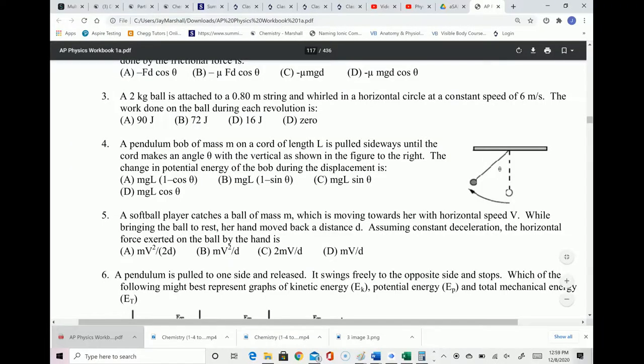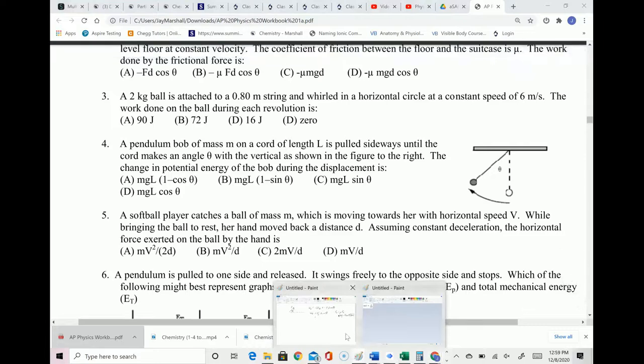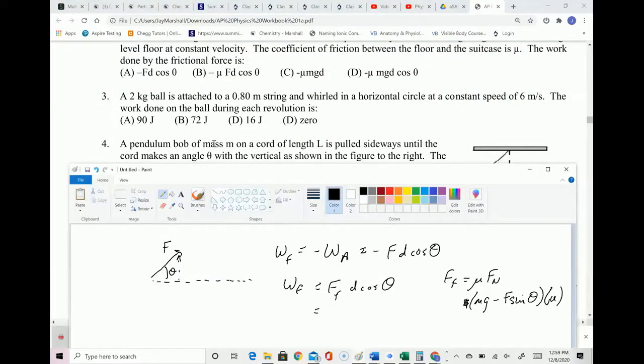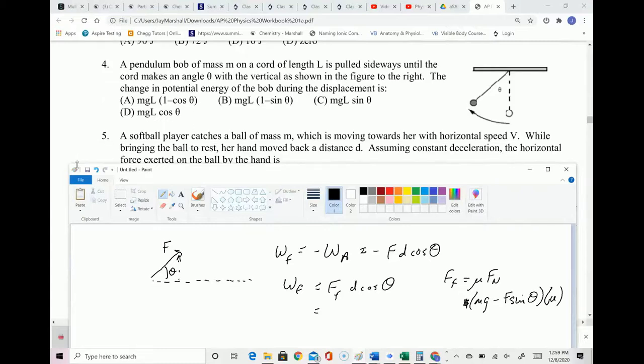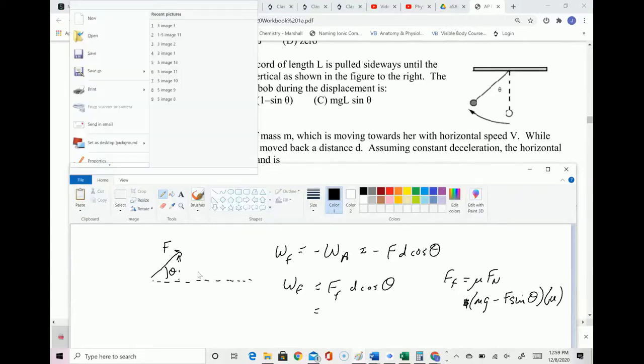That's cool. The pendulum bob of mass m on a chord of length L is pulled sideways until the chord makes angle theta with the vertical, shown in the figure to the right. The change in potential energy of the bob during the displacement is, okay, so while I'm getting a new screen here, any thoughts on how to deal with this?